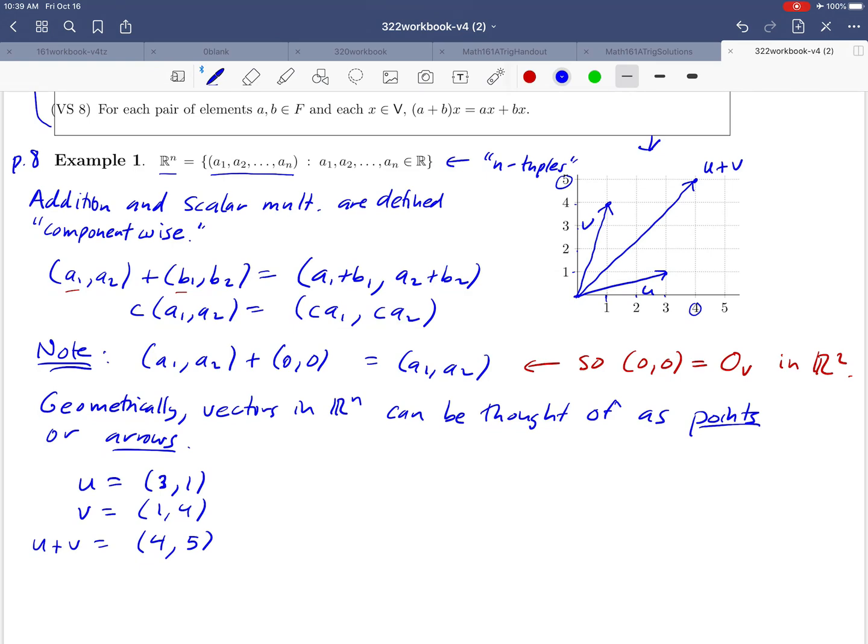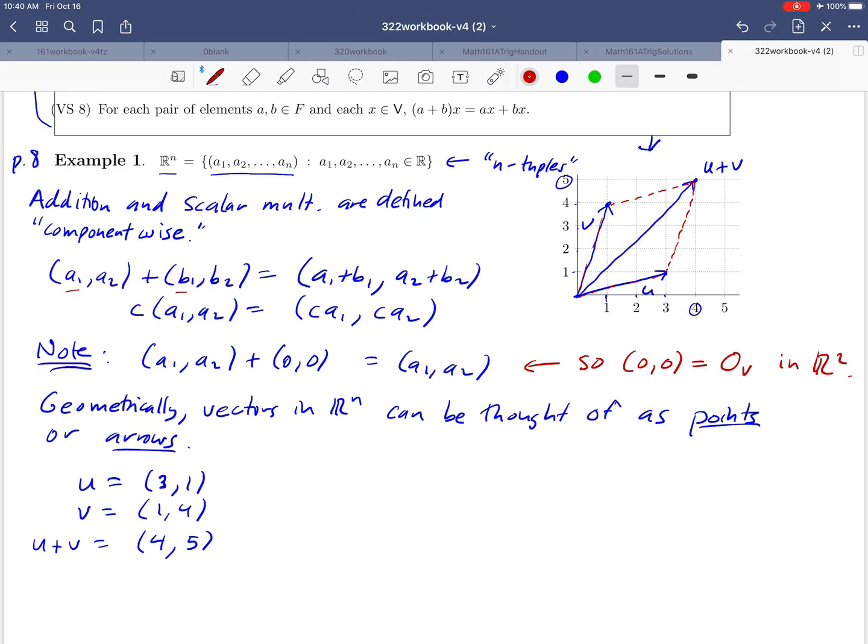Okay, now what's interesting about this picture is that we can draw in a parallelogram. Okay, so imagine taking this vector v and making a copy of it over here. Okay, that dotted line that I just drew also goes over 1 and up 4. And then we could take the vector u down here and draw a copy of it up here.